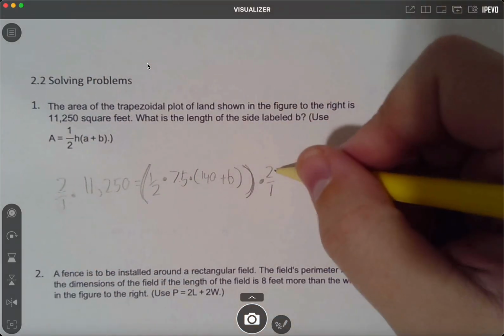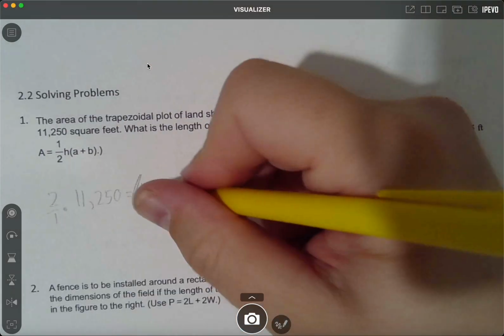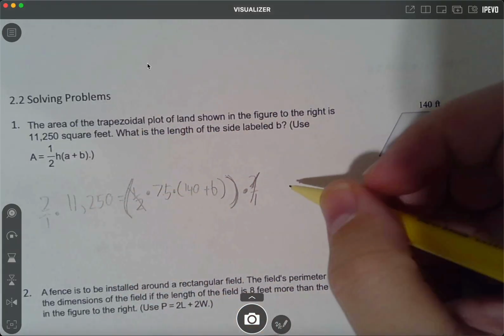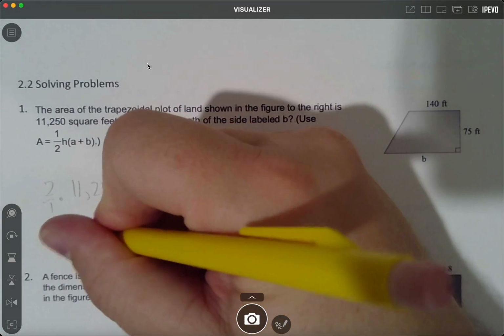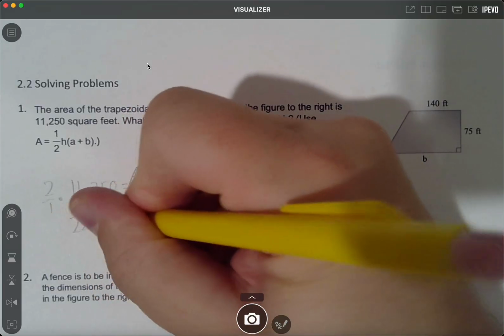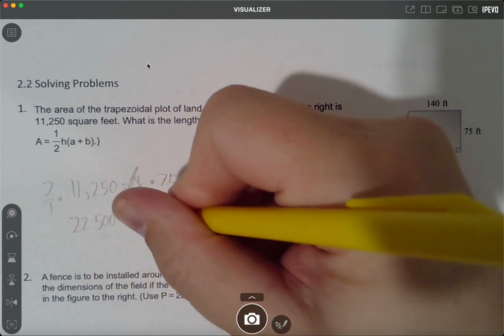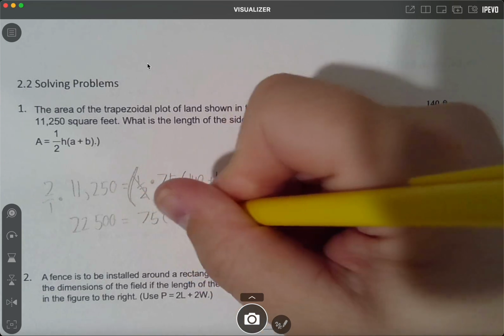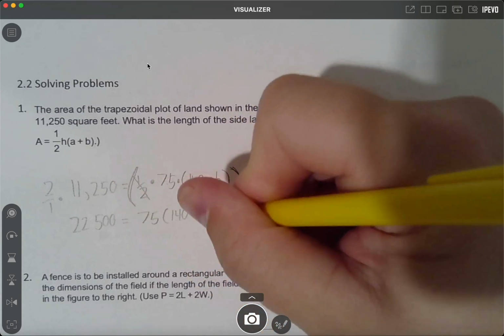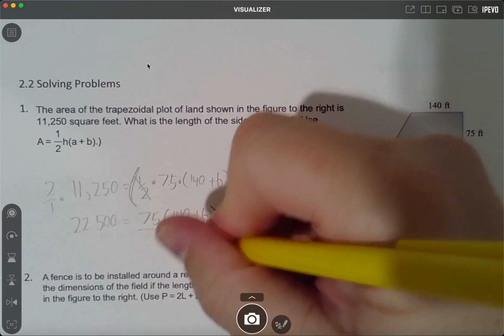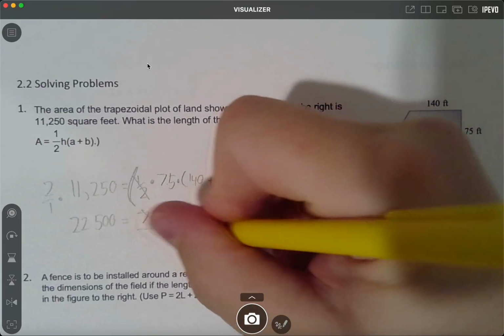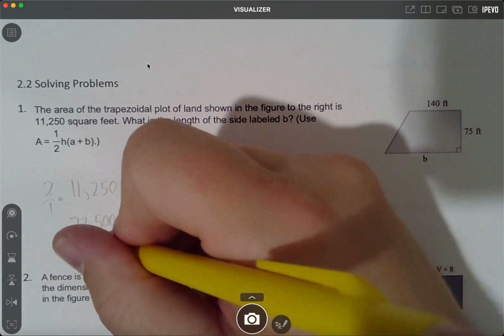Alright, when I multiply the reciprocal, that means the 1/2 is going to go away on the left, and that's going to leave me with 22,500. That's going to still be 75 times the 140 plus B. At that point, I can divide out the 75, because it was going to multiply to both parts, so it can divide from both parts.